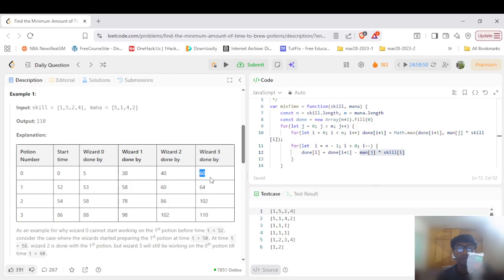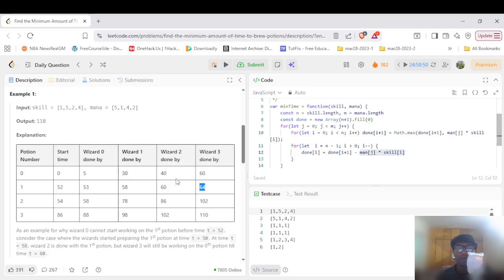So what we do here is, we calculate this value, and we take this specific value, we calculate the mana value and subtract it.